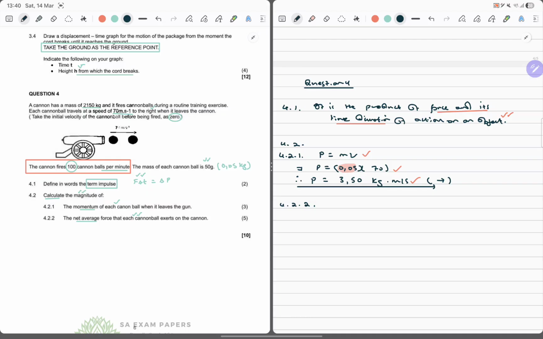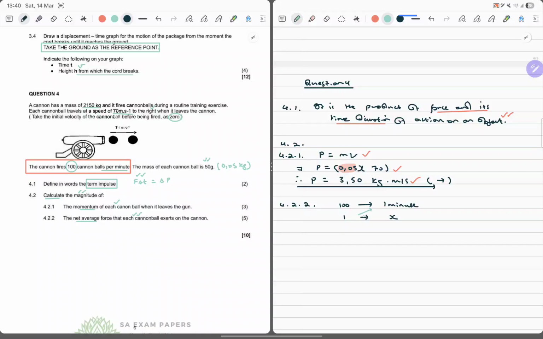Okay, all right. Now let's see. We know that I'm firing 100 cannonballs in 1 minute, right? Then what would be the time duration for just 1? This is what we need to think about.